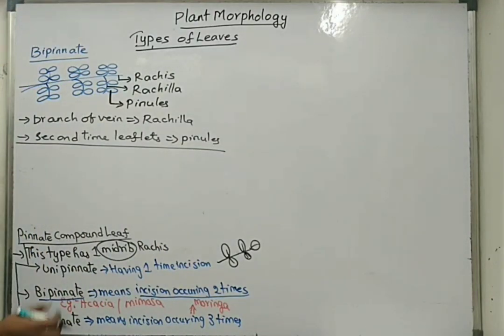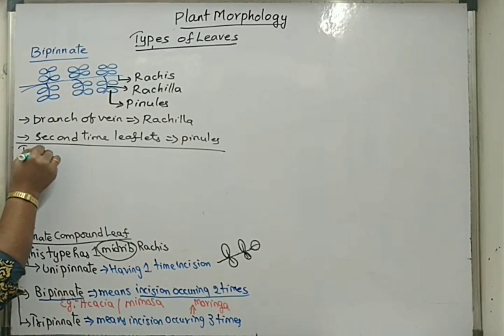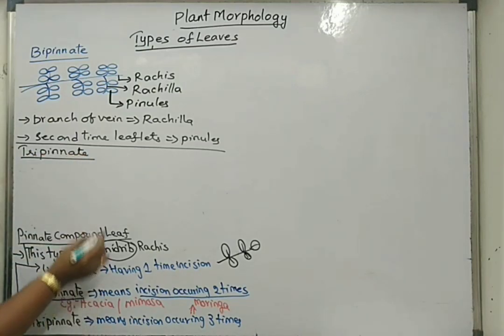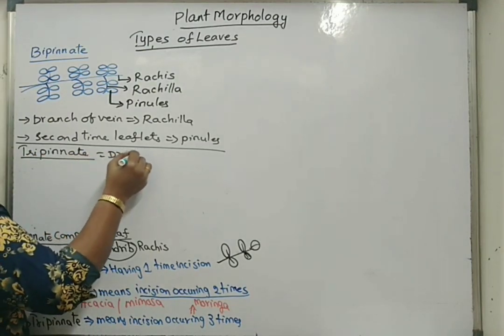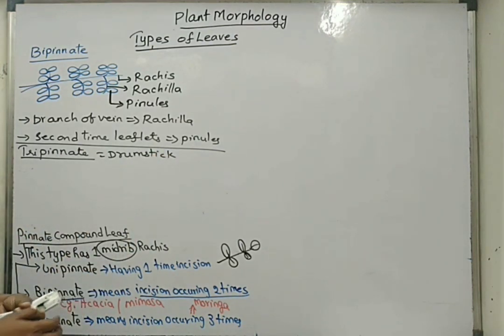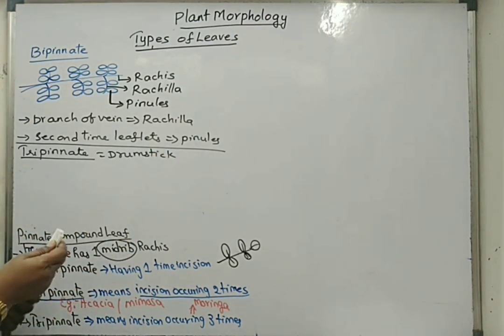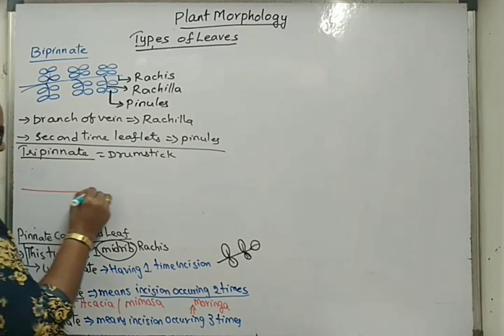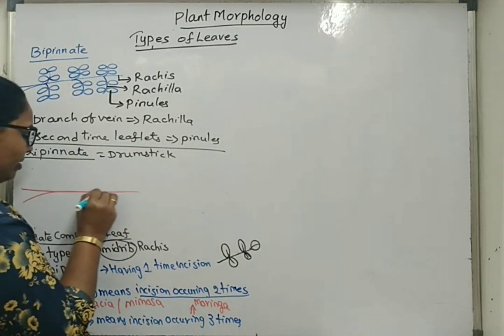Now, tripinnate. Examples we gave here as moringa or drumstick. So we are drawing the midrib or the rachis.